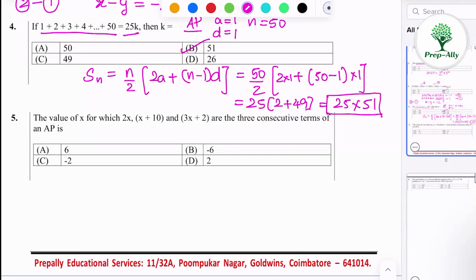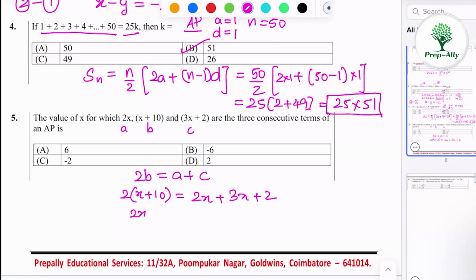We're asked the value of x for which 2x, x plus 10 and 3x plus 2 are 3 consecutive terms of an AP. If we have 3 consecutive terms A, B, C of an AP, we can write 2B equals A plus C. So here we can write 2 into x plus 10 equals 2x plus 3x plus 2.